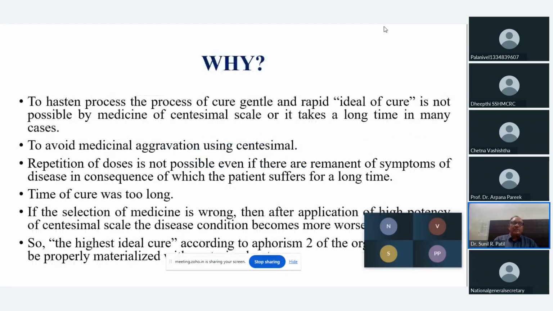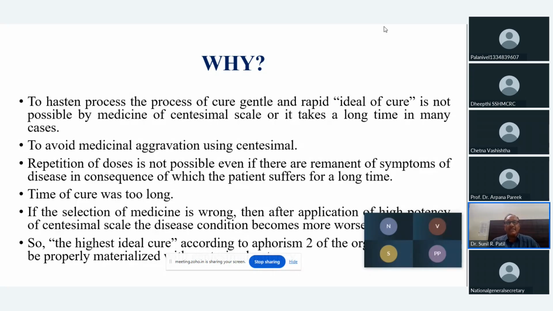Why is there a need for this topic, the secrets of the LM potency? To hear his son, the process of cure should be pure, gentle, and rapid. This highest ideal of cure is not possible by medicine of the centesimal scale, or it takes a long time in many cases.